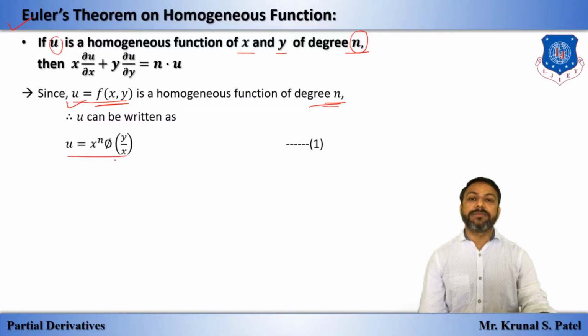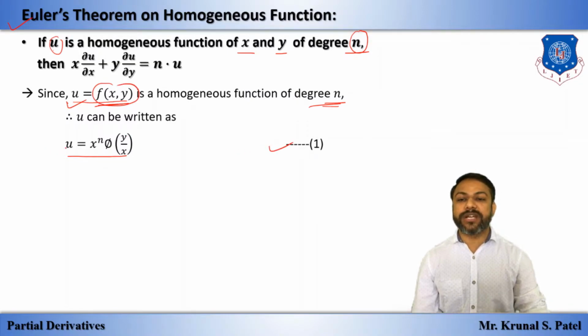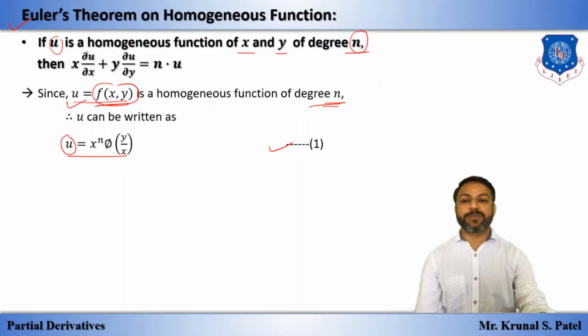How this term we have seen in previous lecture, that means in topic homogeneous function. By taking x raised to n common, new function from this will be phi of y by x. Say equation number 1.